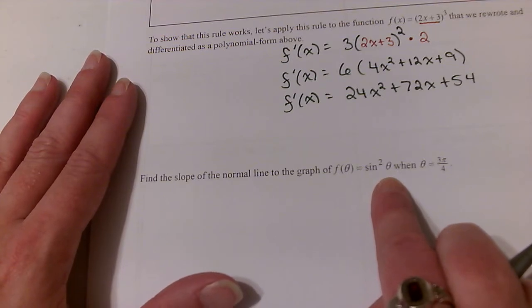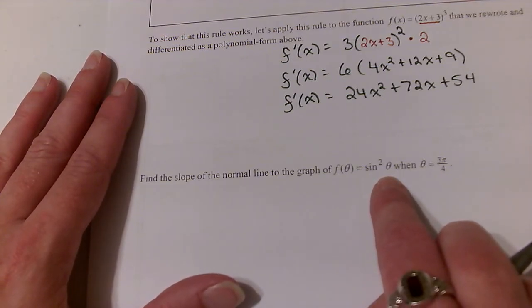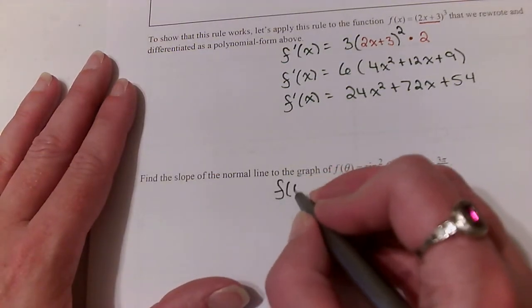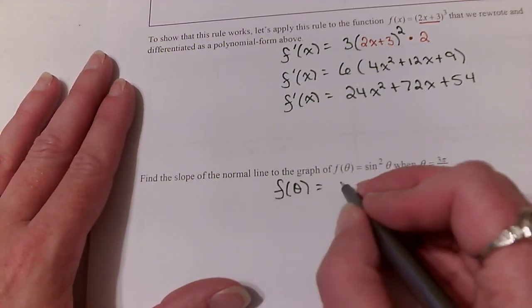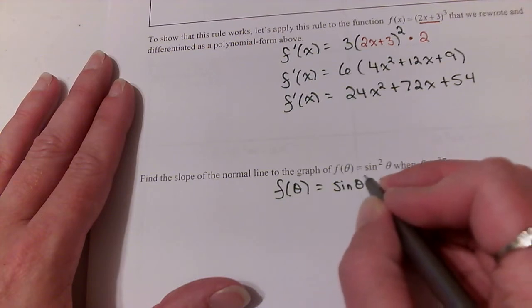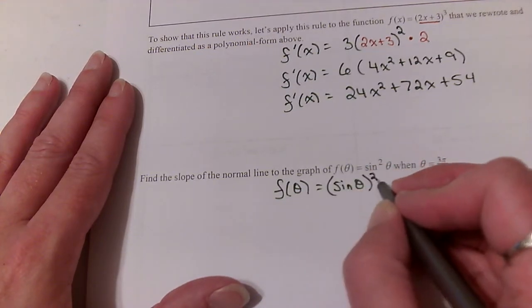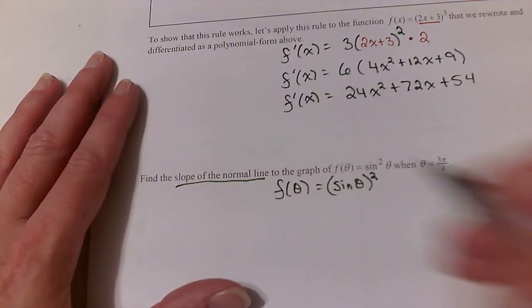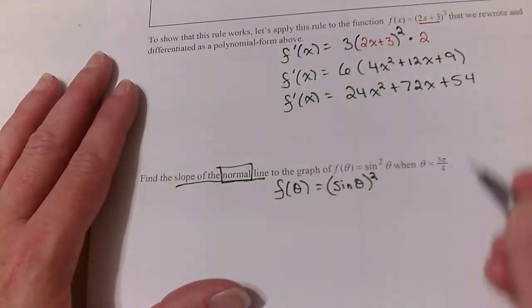We have f as being sine squared theta. Remember what that really means. That's sine of theta, squared. And we're asked to find the slope of the normal line. Ooh, make sure we remember normal. Okay.